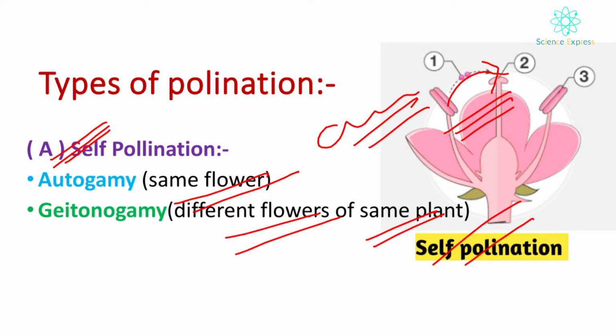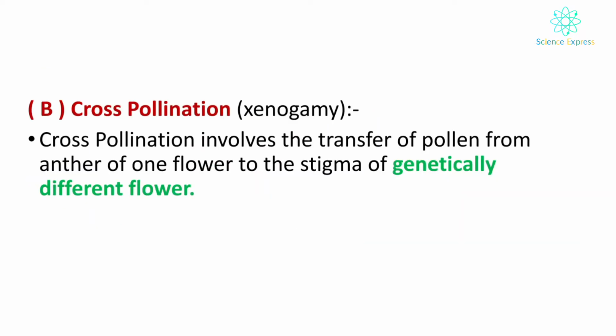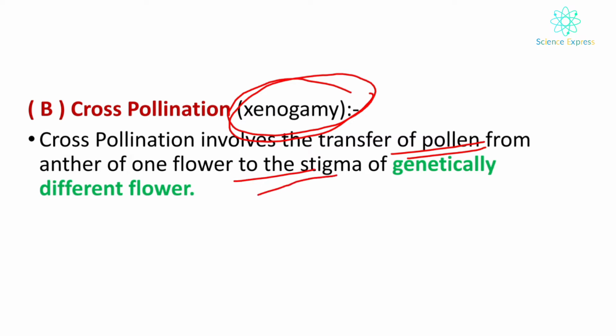Clear? Now next one is called cross pollination. Another name for cross pollination is xenogamy. Cross pollination involves the transfer of pollen from the anther of one flower to the stigma of a genetically different flower. So that process is called cross pollination.